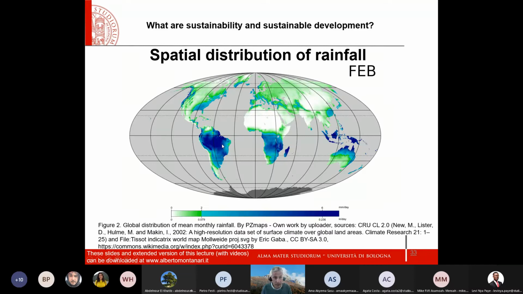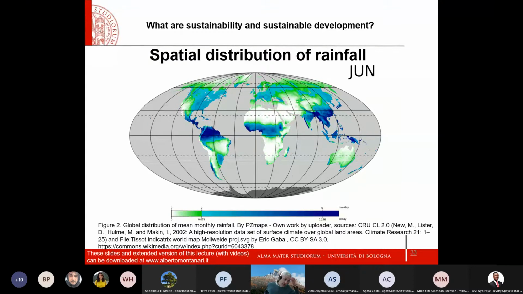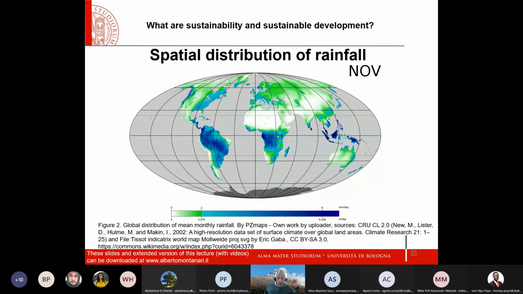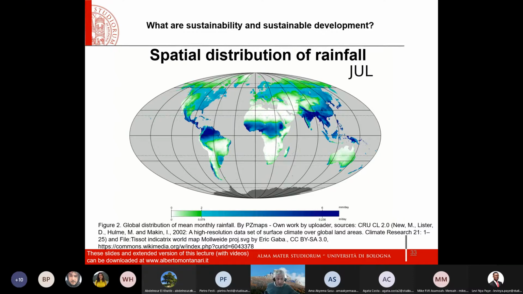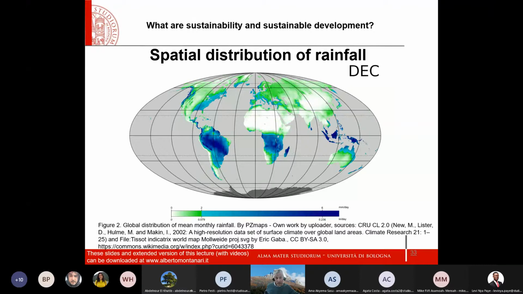Okay, now let's concentrate on the spatial distribution of water resources. The spatial distribution of water resources is more or less dictated by the spatial distribution of rainfall. And here you can see a video which was prepared by NASA about the spatial distribution of rainfall in the different months.